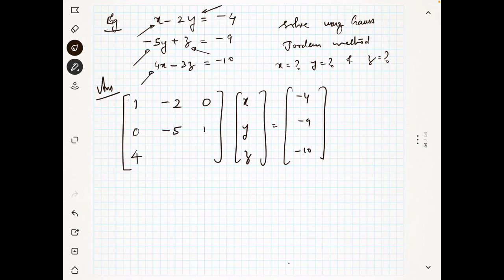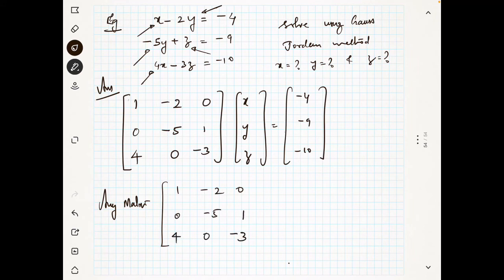Next, there is no coefficient for y, so it's 0, and it's minus 3 for z. So I will now write the augmented matrix: 1, minus 2, 0, 0, minus 5, 1, and 4, 0, minus 3. Next, I will write minus 4, minus 9 and minus 10. I hope this is clear how to write the augmented matrix.